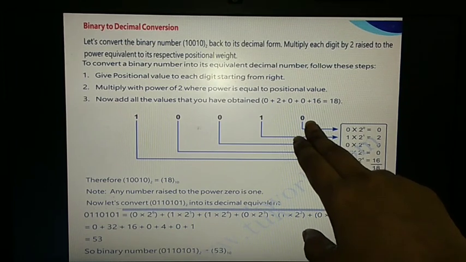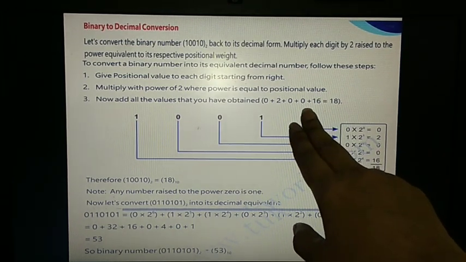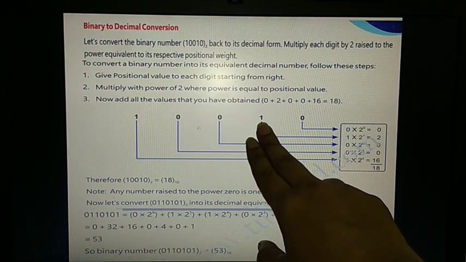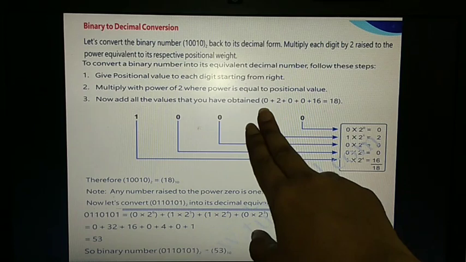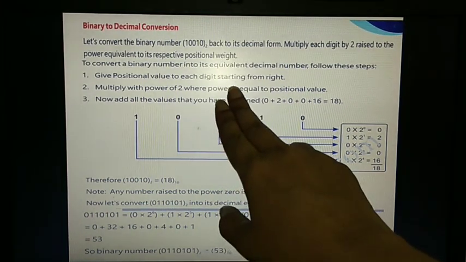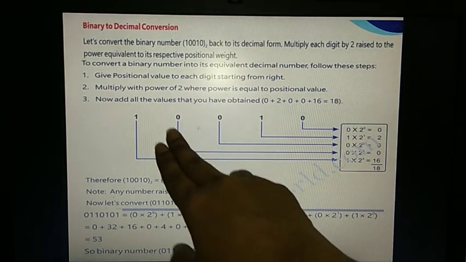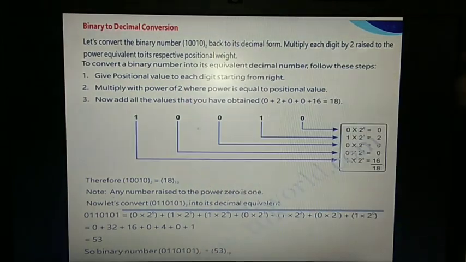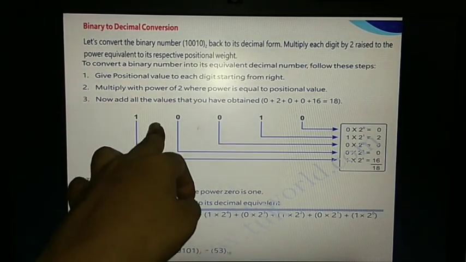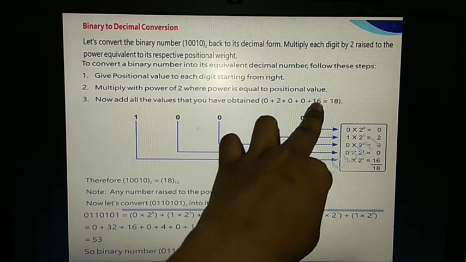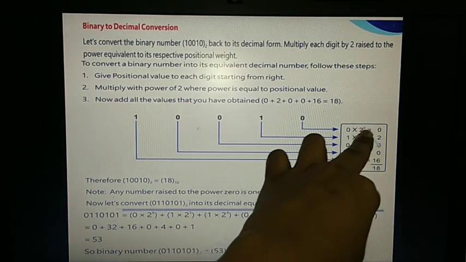0 into 2 to the power 0, plus 1 into 2 to the power 1, plus 0 into 2 to the power 2, plus 0 into 2 to the power 3, plus 1 into 2 to the power 4. So 0 into 2 to the power 0 is 0.